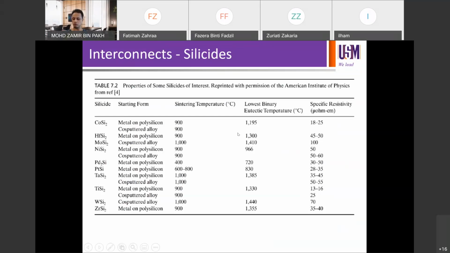You've done your phase diagram experiment last time, remember, during your second year? Do you still remember? Thin lab phase diagram. Your second year last time, I was the person in charge. Fazira, do you still remember? I think you did it with me as well last time. Yes, right?